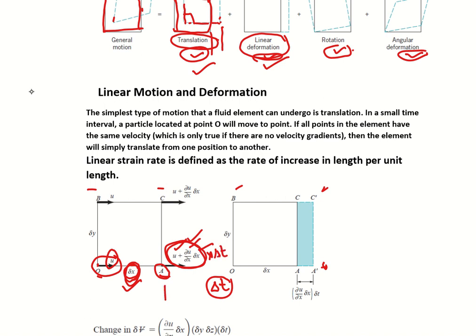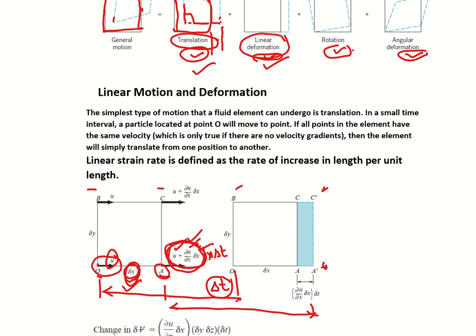So this distance will be equal to what? This velocity, u plus del u over del x into delta x, multiplied by delta t, and this distance from this point to this point will be equal to u multiplied by delta t.